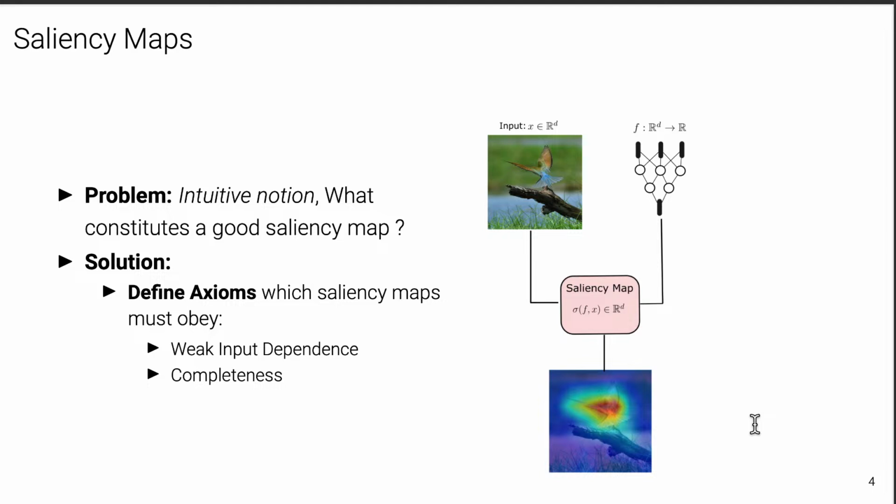In this paper we define two axioms which we think are important for defining saliency maps, and these axioms supersede some of the axioms that have been presented later on. The names are a little unintuitive, but they are weak input dependence, which we'll see corresponds to local importance, and completeness, which we'll see corresponds to a question of global importance.